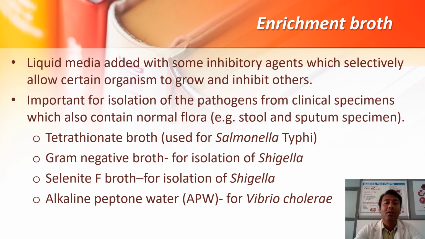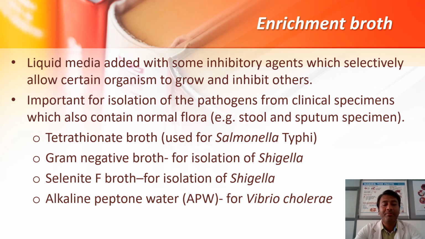For example, the stool of a patient and the sputum of a patient have lots of normal flora in them, which we are not interested to grow. So in order to isolate the pathogenic bacteria from such specimens, we have to use enrichment broth, which has a particular characteristic feature that it inhibits normal commensal bacteria and allows only the pathogenic bacteria or the target bacteria which we are interested to grow.